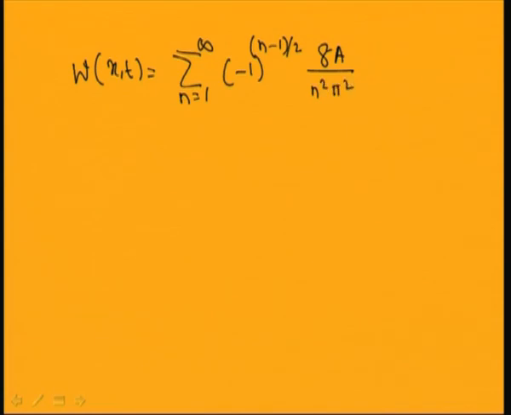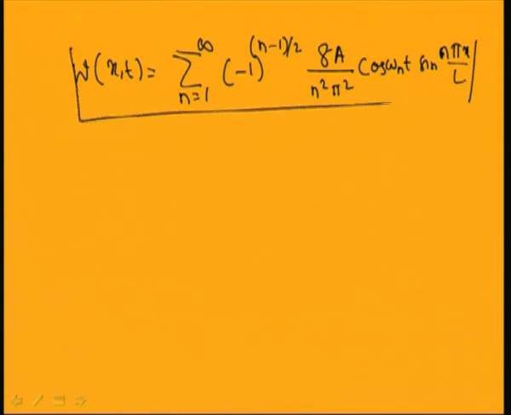So, this displacement relation you can write in this form: w(x,t) equal to summation n equal to 1 to infinity of minus 1 to the power (n minus 1) by 2 into 8a by pi square n square, cos omega n t sin n pi x by L. So, in this way you can find the free vibration response of this continuous system by applying these initial conditions. In this way you can study the free vibration response of the continuous system.